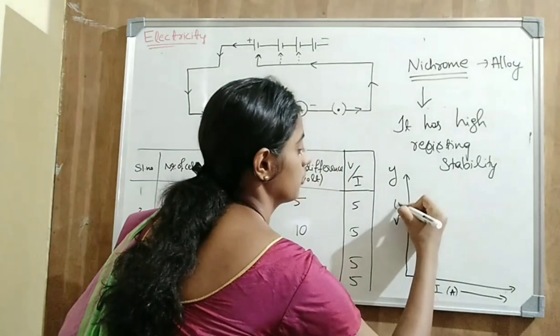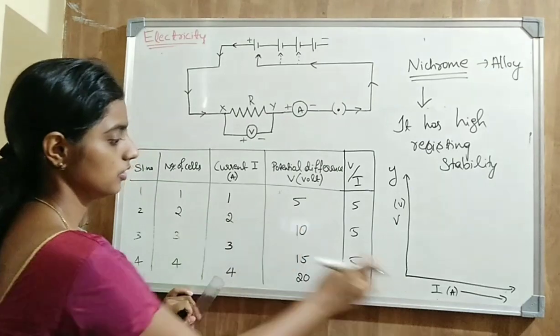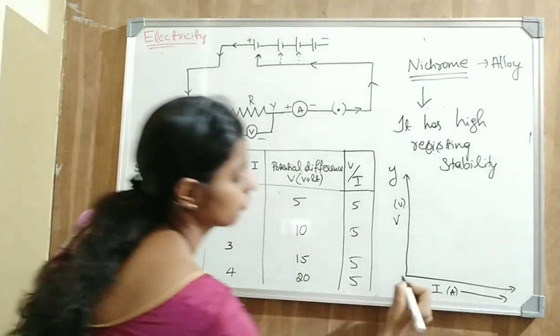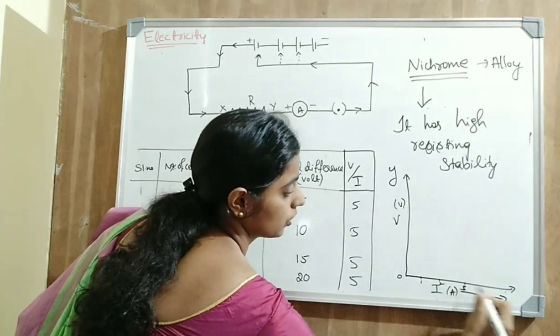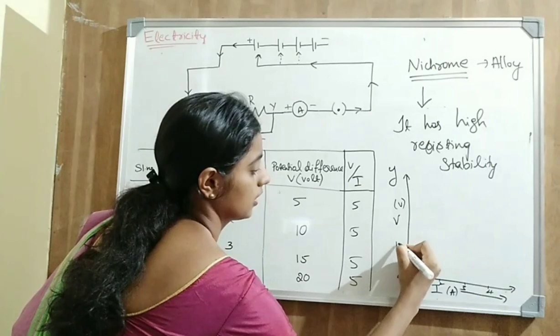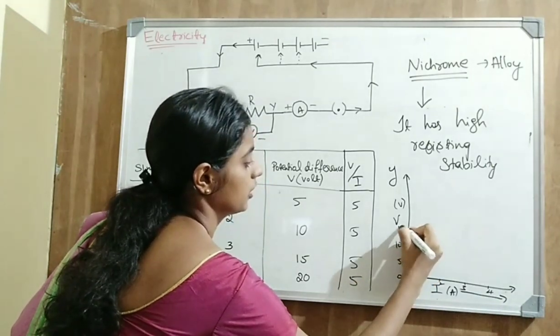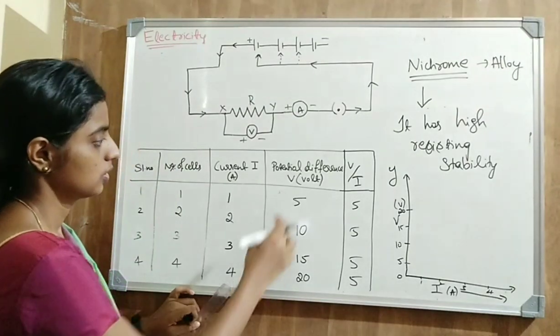Here what is the unit? V itself. So what are the readings we have? In I we have 1, 2, 3, 4. Here we have 5, 10, 15 and 20.